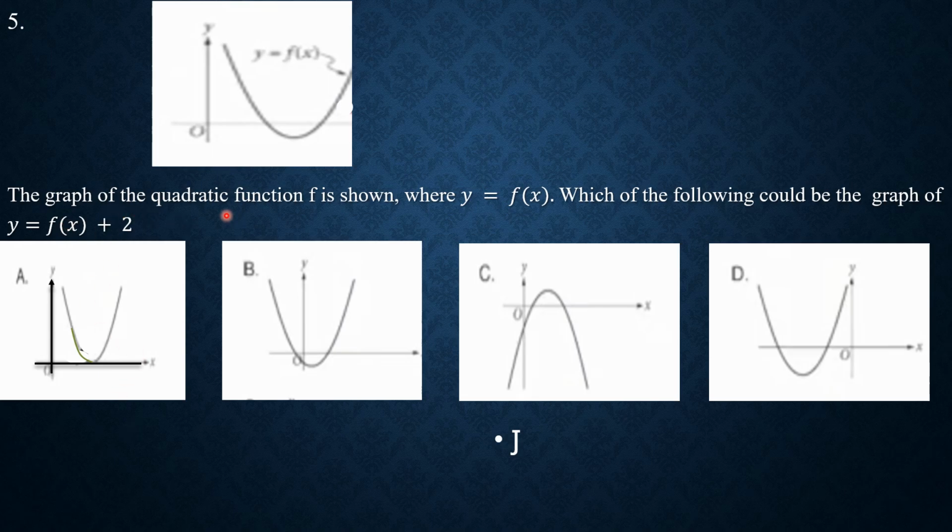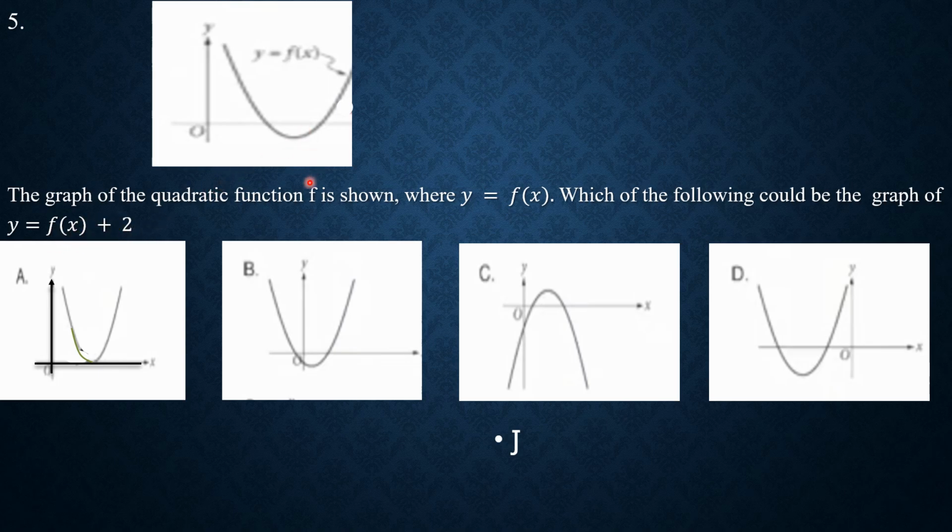The graph of the quadratic function f is shown where y equals f of x. Which of the following could be the graph of y equals f of x plus 2? Alright, so what happens is, if I have a function y equals f of x like this, and I want to plot y equals f of x plus 2, what I'm basically going to be doing is shifting this function 2 units upwards. So basically the new values of y now are bigger than those for f of x by 2, right?